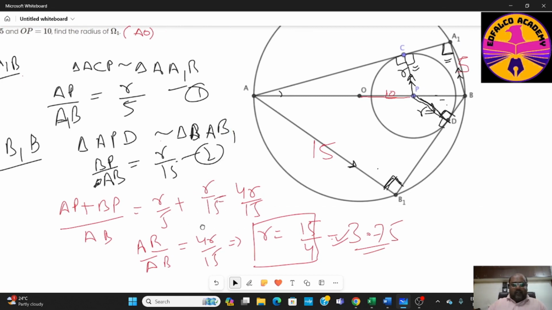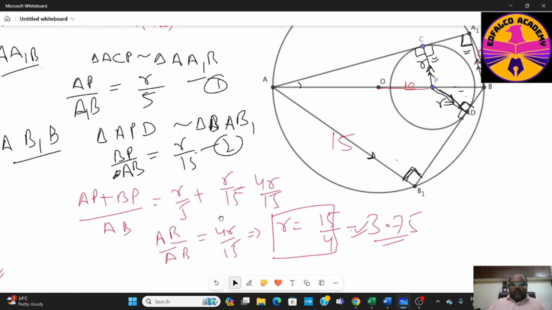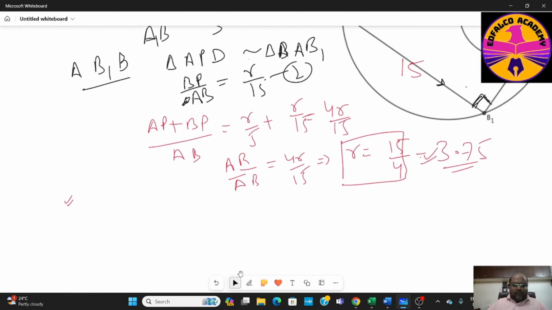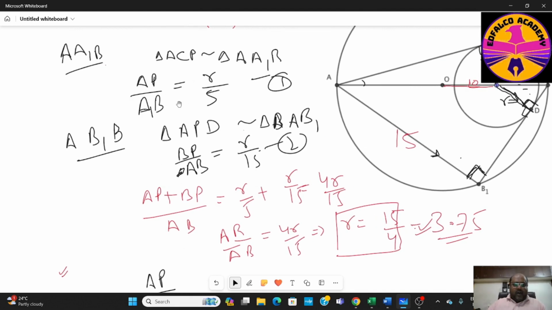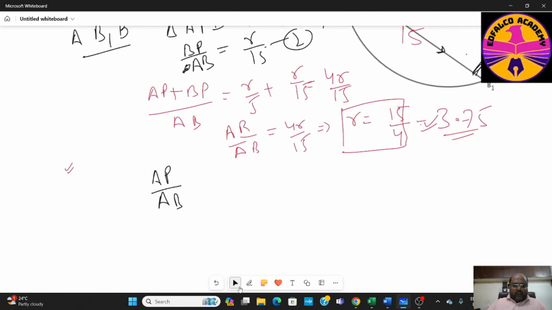But now another important thing that we can find is what AP by AB is. We know AP by AB was equal to r by 5. r was 15 by 4, divided by 5, so that means it is 3 by 4.